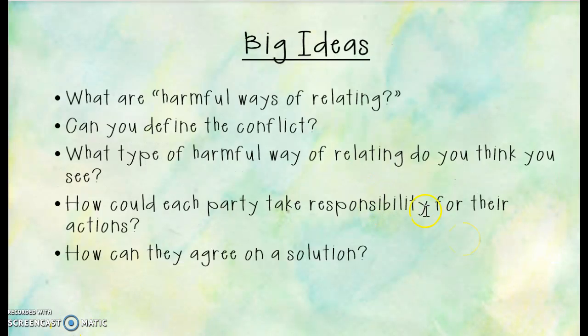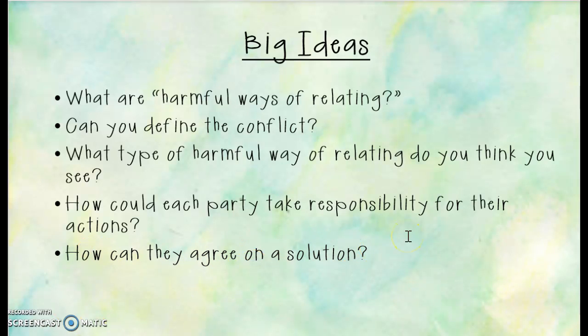So these are some of the big ideas that come into this lesson. What are harmful ways of relating? Can you define the conflict? What type of harmful ways of relating do you think you see? How could each party take responsibility for their actions? And how can they agree on a solution?